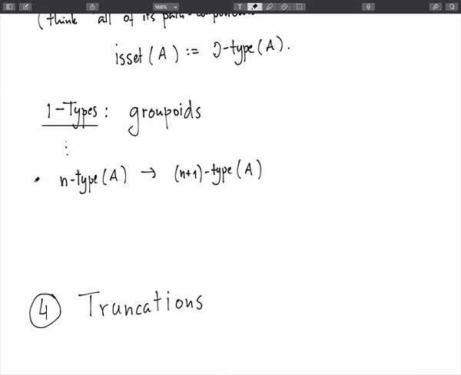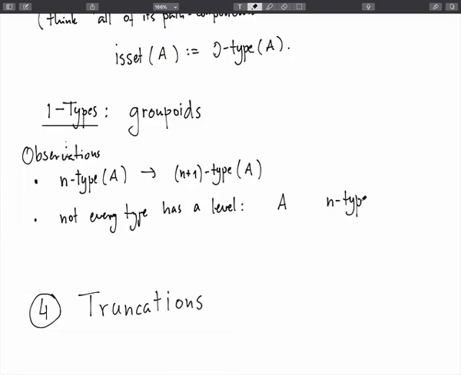And also, some observations. Not every type has a level. That is, given some type A, do I always have that A is an n type for some n? Does there always have to be a level at which it stops?